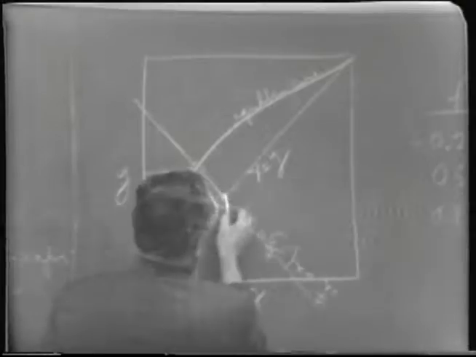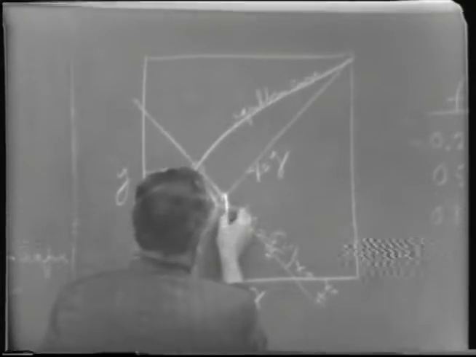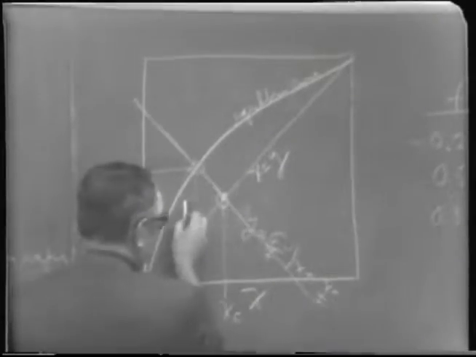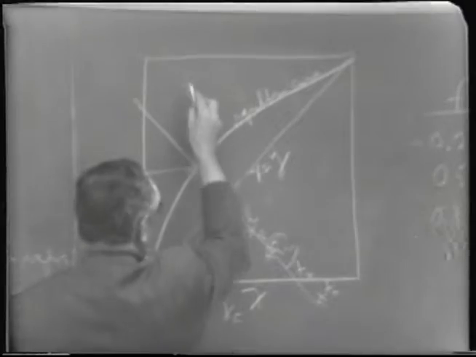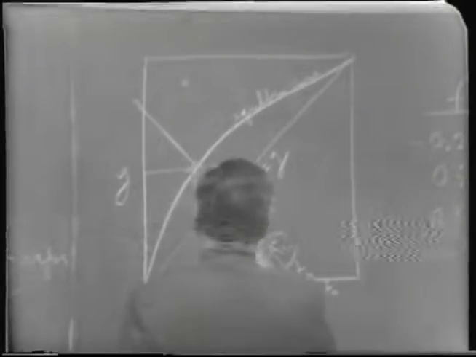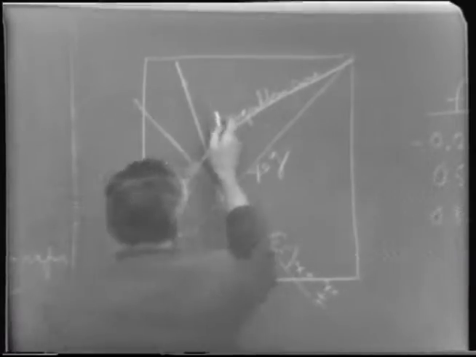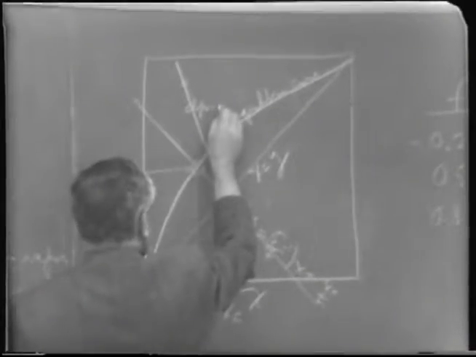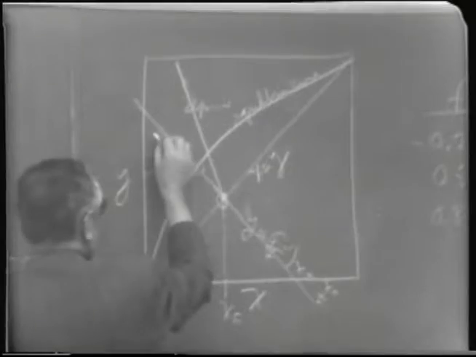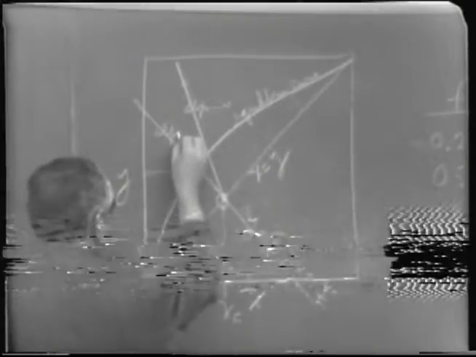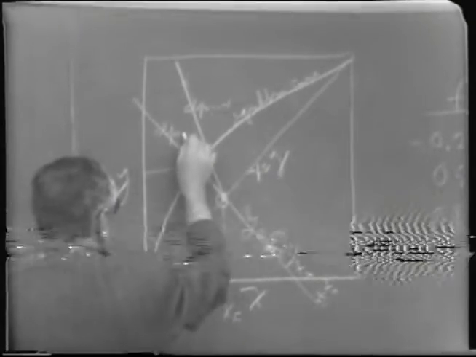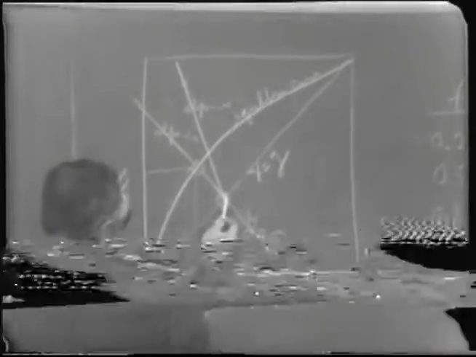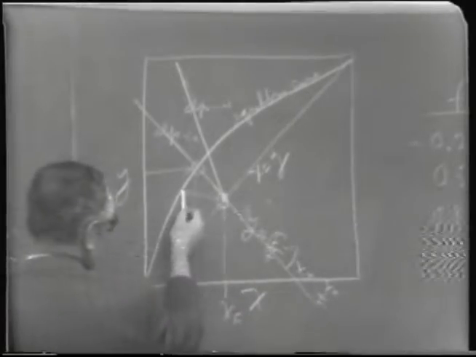So to locate the point, you'd simply move over here one unit horizontally and 4 units vertically, locate a point up here and draw a line like this. So for this, the slope would be -4. For this one, the slope is -1. Similarly, for this one, it'd be a line which would have a slope maybe like so.